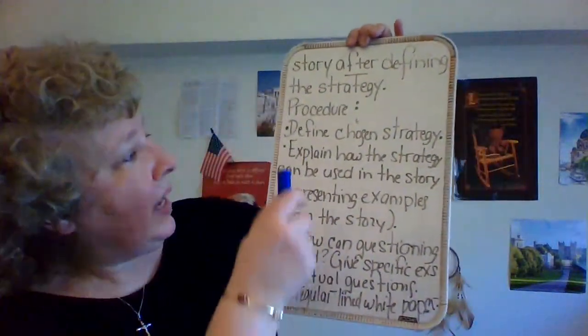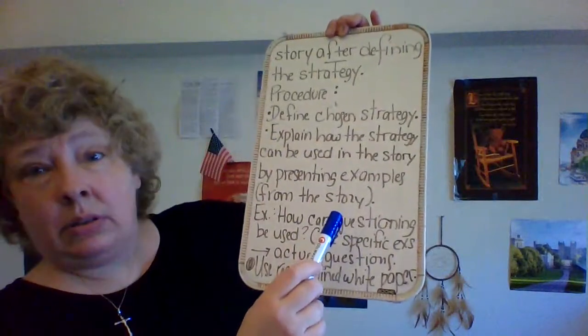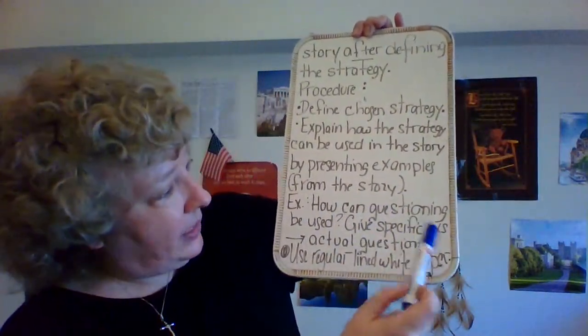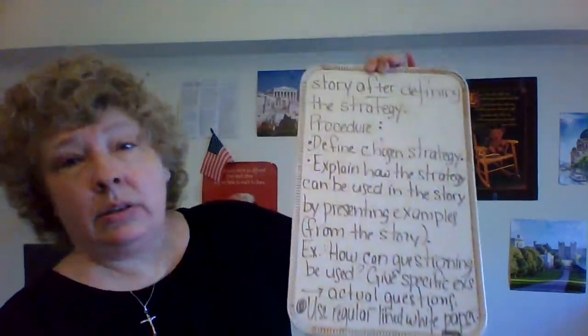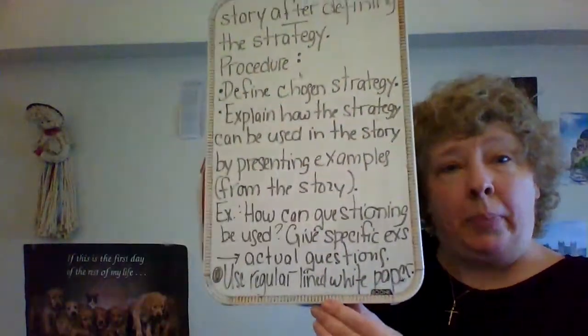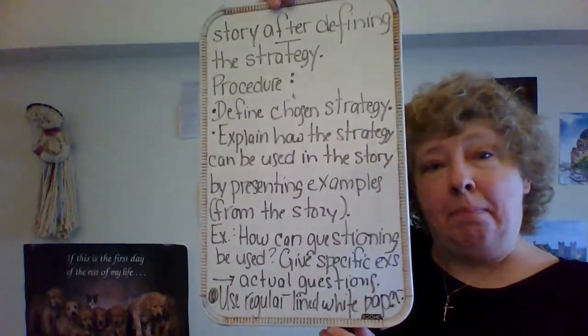All right, so explain how the strategy can be used in the story by presenting examples. Give specific examples, actual questions. And I want you to use regular lined white paper, as I wrote down here. So yes, use your lined paper.